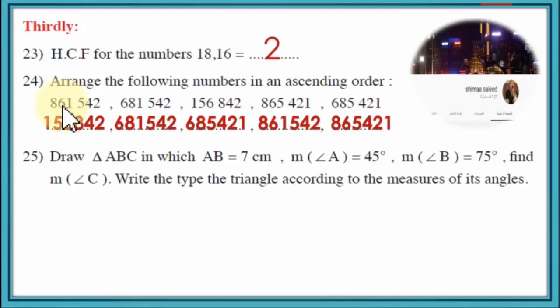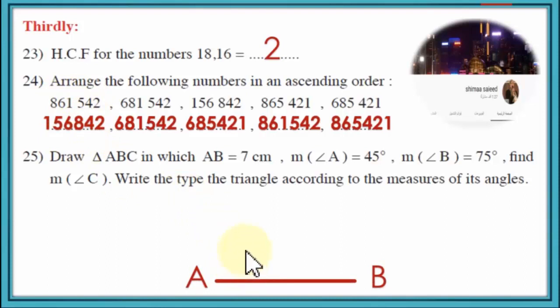Now draw triangle ABC in which AB equals 7 cm, measure of angle A equals 45 degrees, measure of angle B equals 75 degrees. Then find the measure of angle C. Write the type of triangle according to the measures of its angles. At first we will use pencil and ruler to draw AB line segment 7 cm.